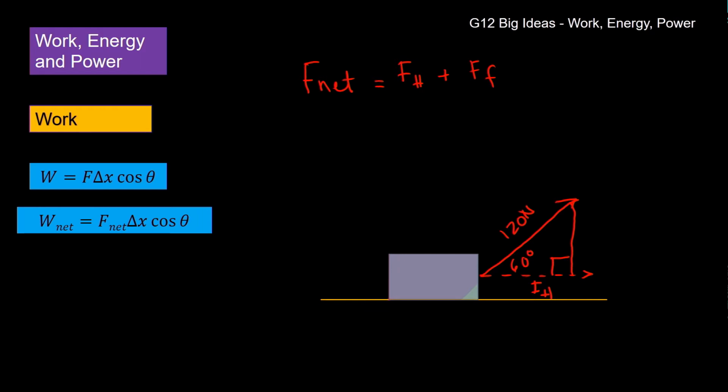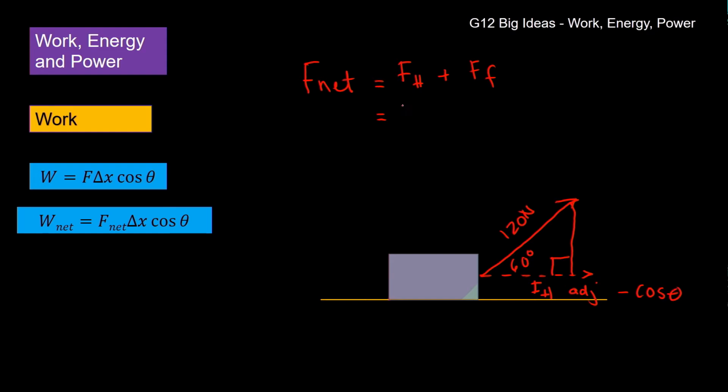How do I calculate the horizontal component? Well, I'm going to use my sine or cos rule. Let's have a look. I've got this FH, the horizontal component is the adjacent side, and so that is going to be cos. I need to use cos of theta.